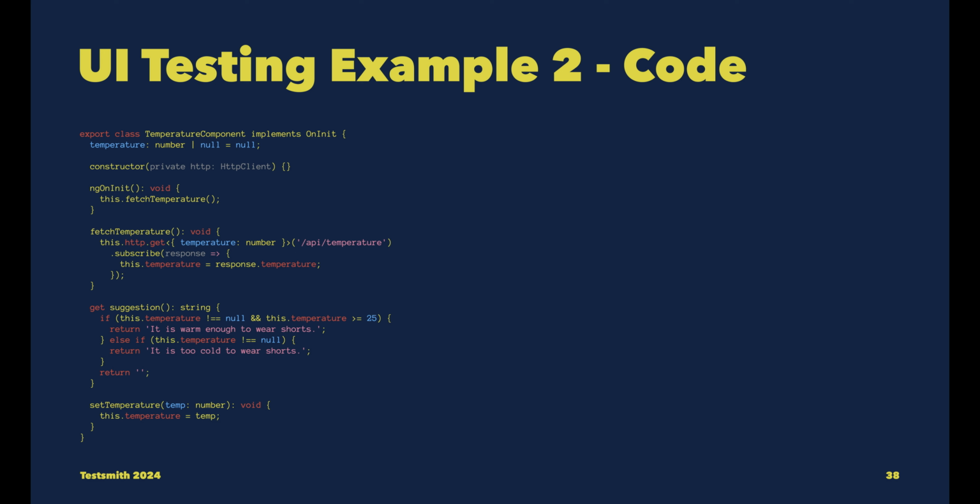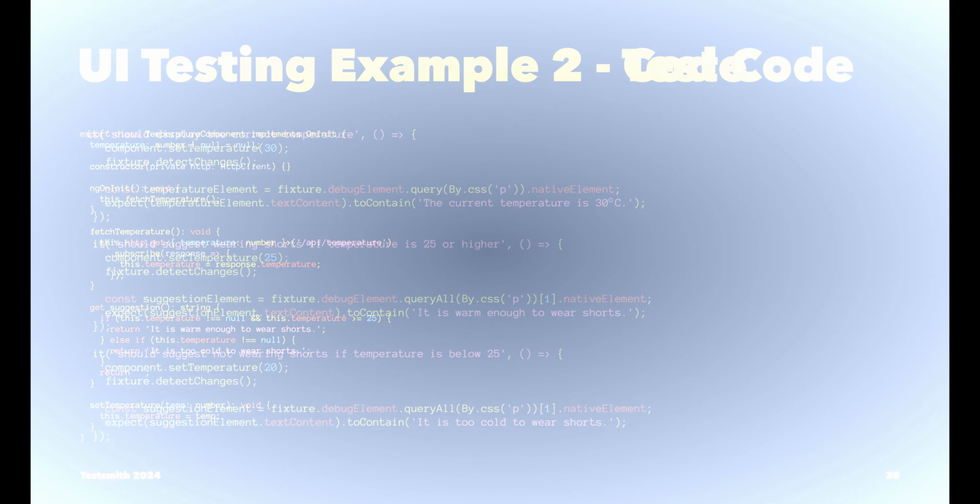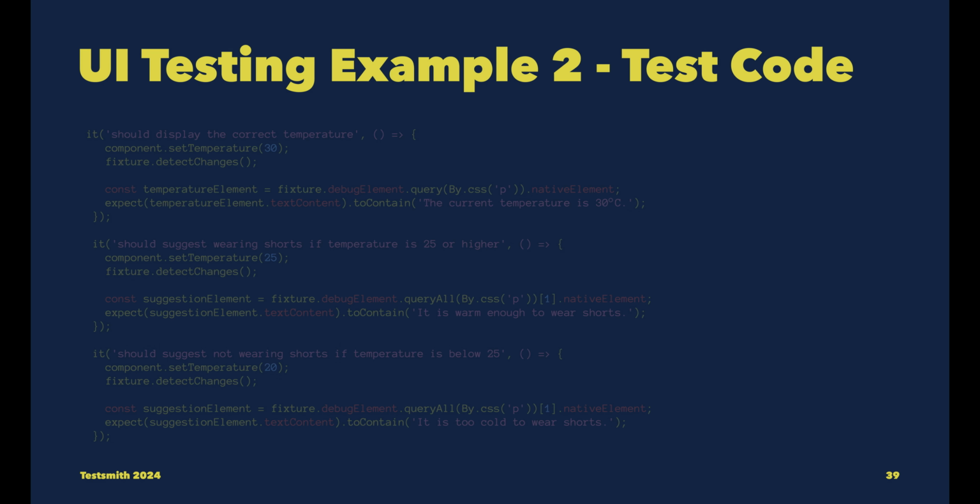It includes methods for fetching the temperature from the API, setting the temperature manually, and a computed property for generating clothing suggestions. This test method sets the temperature to 30 using setTemperature and triggers change detection with fixture.detectChanges. It then queries the DOM to find the paragraph element displaying the temperature and asserts that its text content includes "the current temperature is 30".